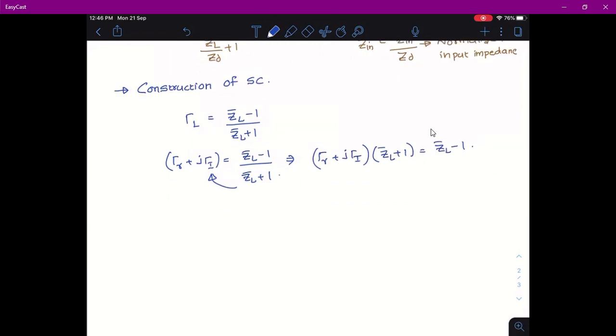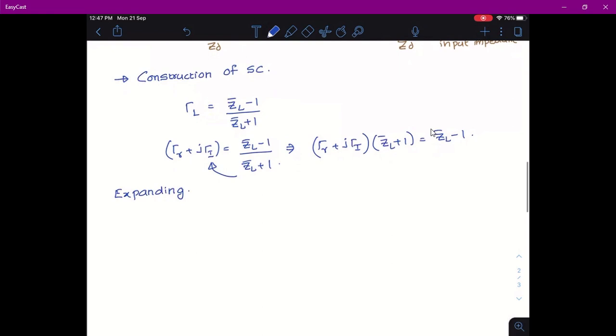Expanding, I can write tau R ZL bar plus tau R plus j tau I ZL bar plus j tau I is equal to ZL bar minus 1.